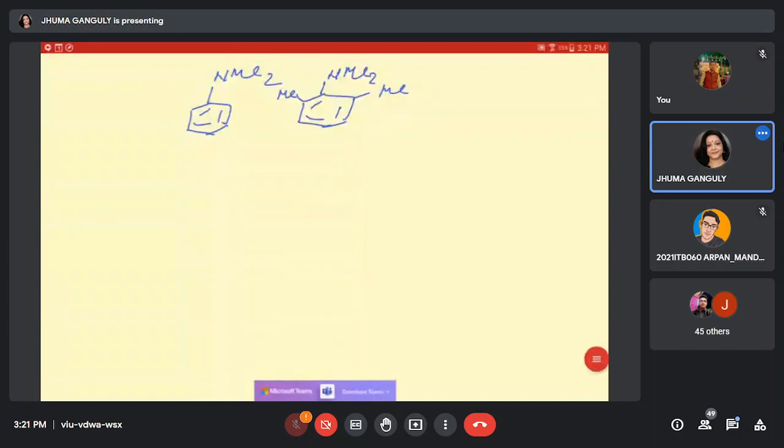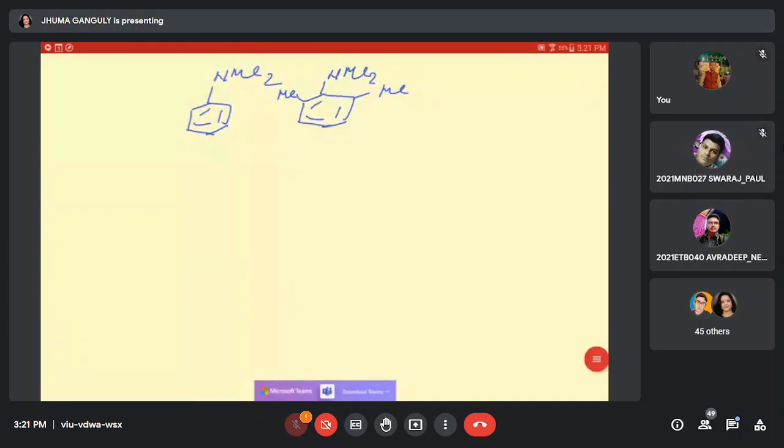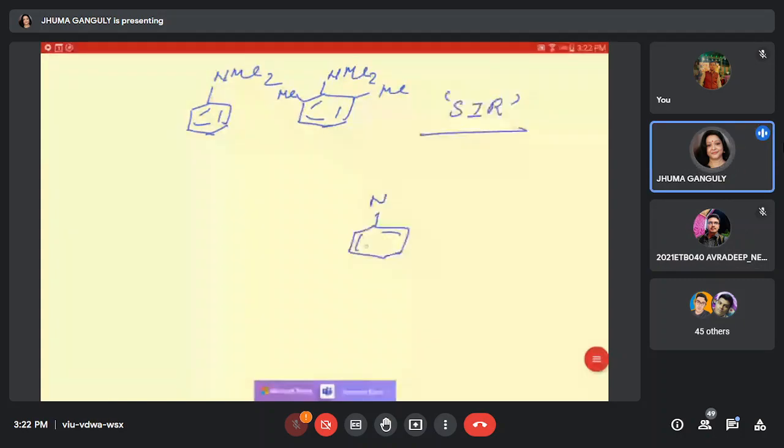So what are the remarks? You can show it this way too. Here a proton is abstracted by OH minus.